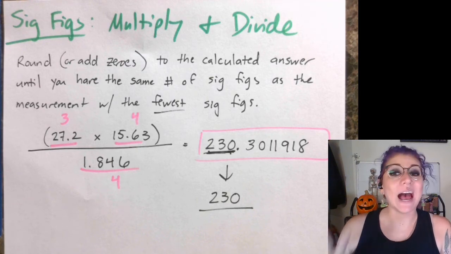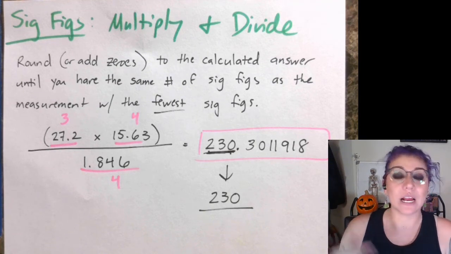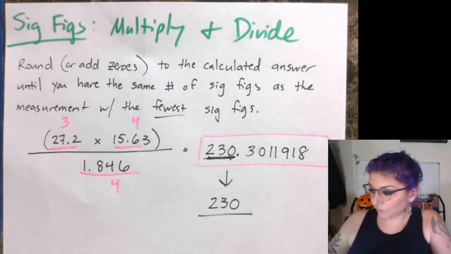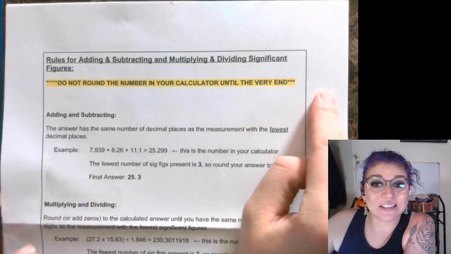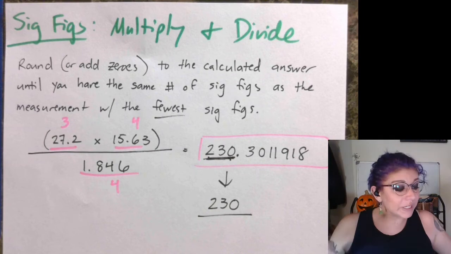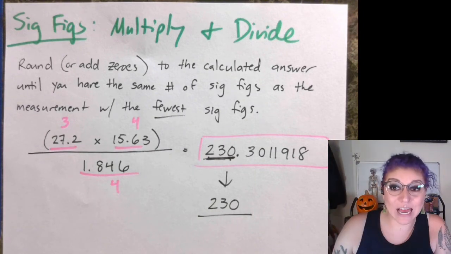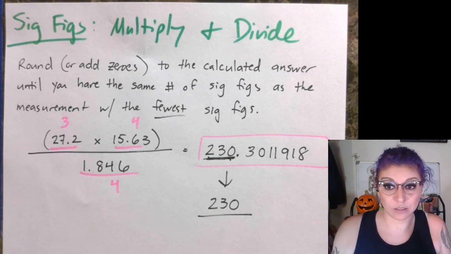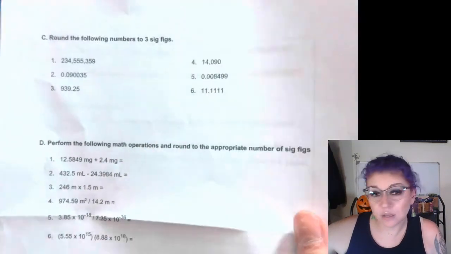Before that, I want you to keep everything that's in your calculator in your calculator. I don't want you to round prematurely. So you see this in the notes. It says, do not round the number in your calculator until the very end. Again, you're only gonna apply the Sig Fig rule at the very last step when you have that final full number in your calculator.